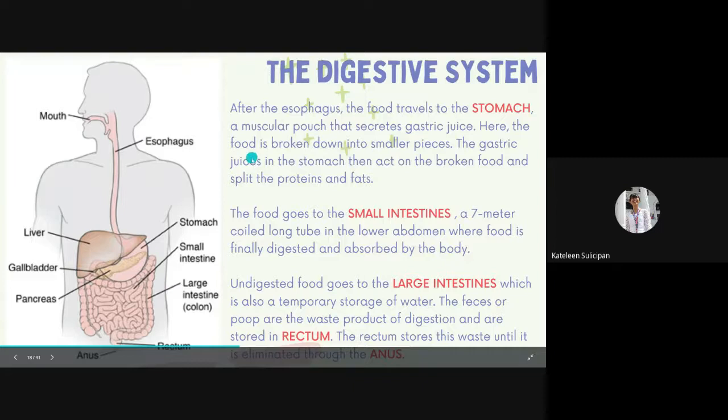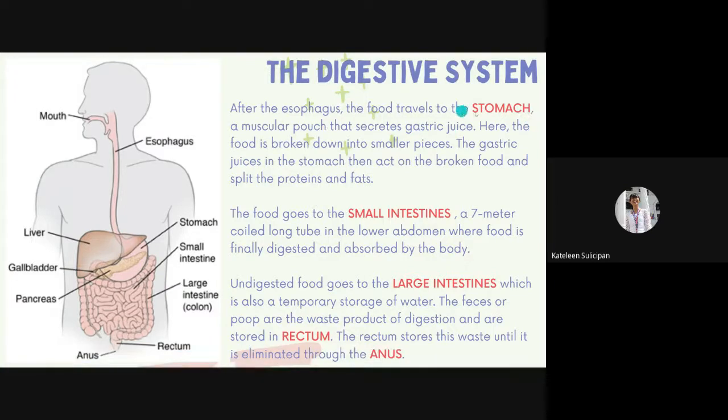So, after the esophagus, the food travels to the stomach, like I said. So, yung stomach is a muscular pouch that secretes gastric juice. Here, the food is broken down into smaller pieces, and the gastric juices in the stomach then act on the broken food and split the proteins and fats. So, ayun, di ba, napunta na siya sa stomach, and then, dito, the food is broken down into smaller pieces.